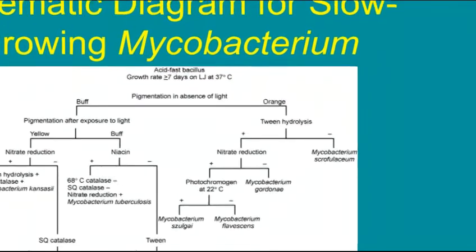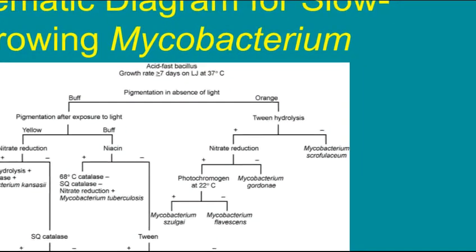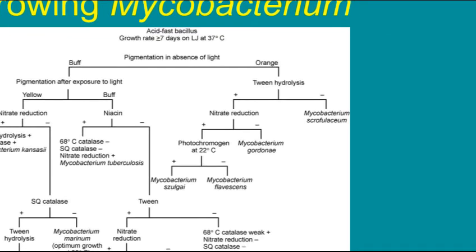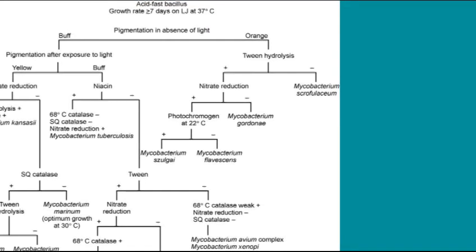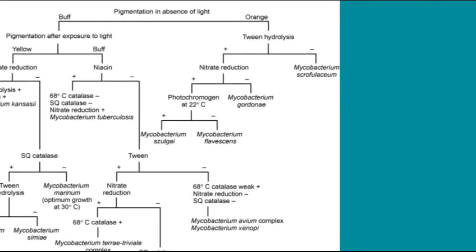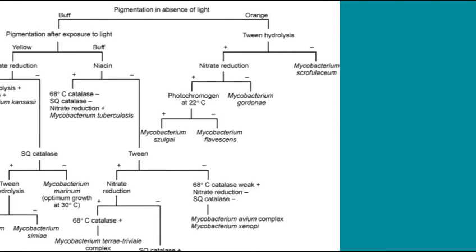Now, if there is pigmentation in the absence of light, and then it's orange, you proceed with twin hydrolysis test. Okay? You divide them into positive and negative. Kung negative siya, orange siya, twin hydrolysis negative siya, edi scrofulaceum siya.